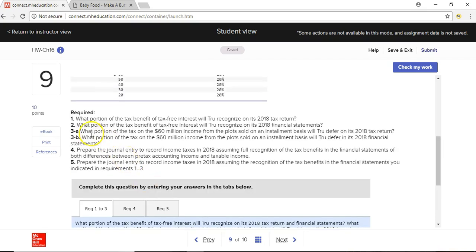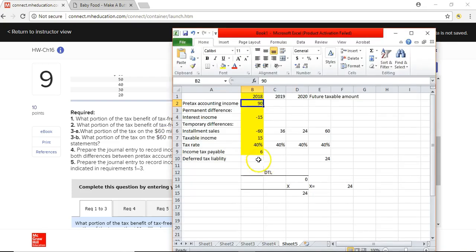The third question, 3A, says, what portion of the tax on the $60 million installment sales will True defer on its 2018 tax return? On the tax return, we already calculated that all 60 million will be reversed in the next 2 years.